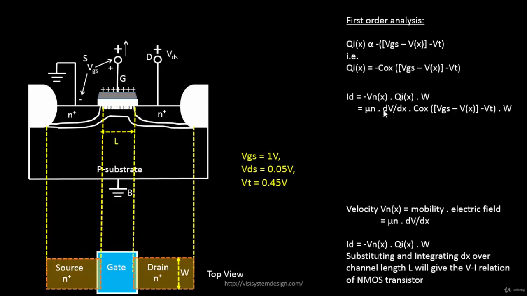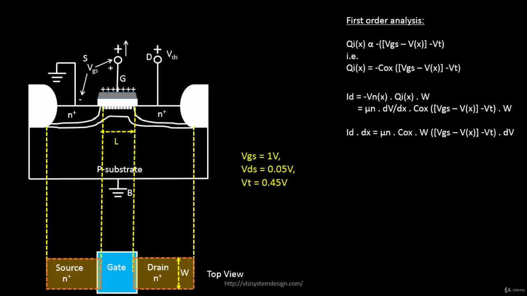So you have mu n into dv by dx into Cox, basically the substitution over here, Cox times (Vgs minus V(x) minus Vt) into W. The next job in the integration is to take dx to the left hand side, keep the right hand side as an expression, as a function of dv, and integrate this. Once you integrate dx from 0 to L, the integration of dx will be L. From 0 to Vds, the integration of dv will be Vds.